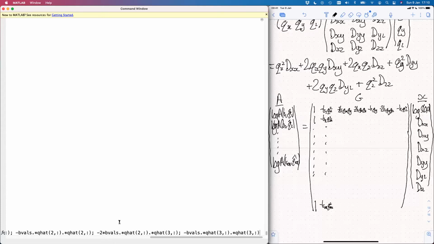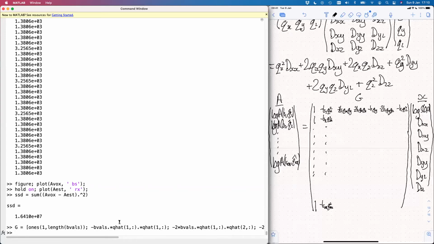I think we're done. To transpose it again, remember to get it in the right orientation. Okay, let's have a look at G. Maybe we'll just look at the first few rows of it, just as a sanity check that I haven't typed something in wrong. Entirely possible.